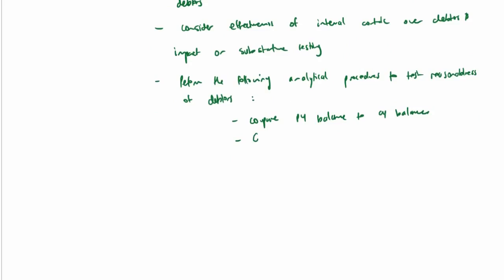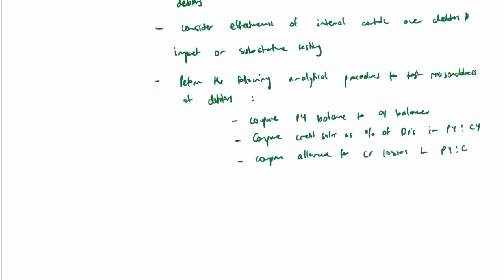So I can say compare credit sales as a percentage of debtors in the prior year to the current year. I can say compare the allowance for credit losses in the prior year to the current year.